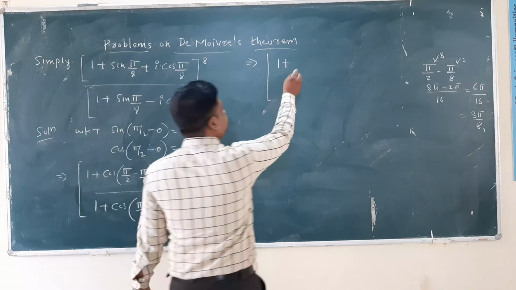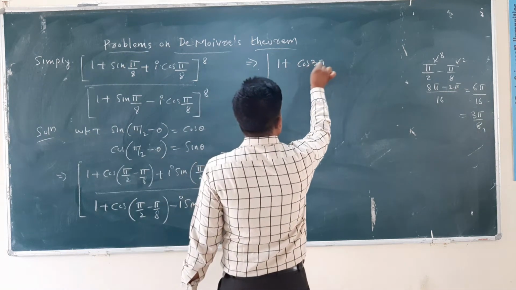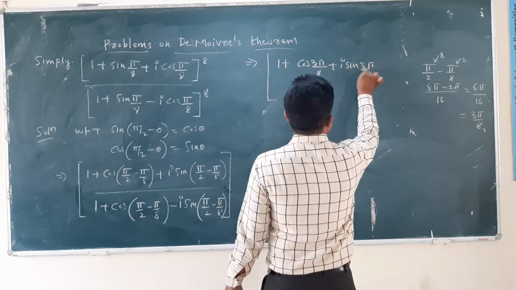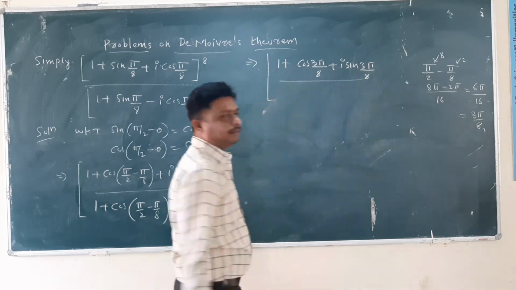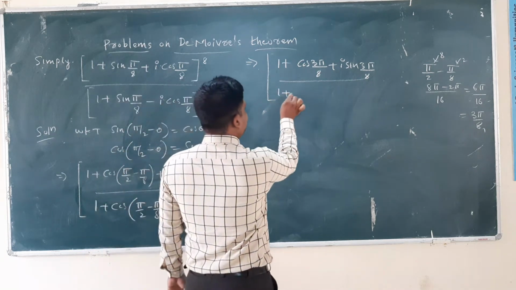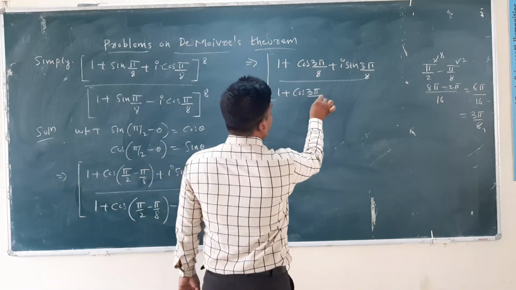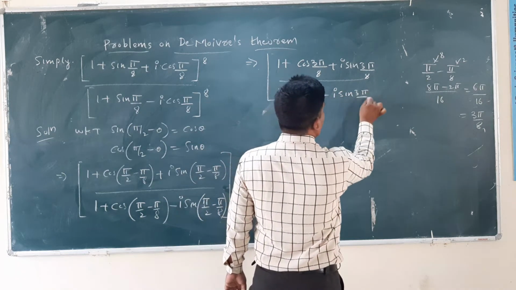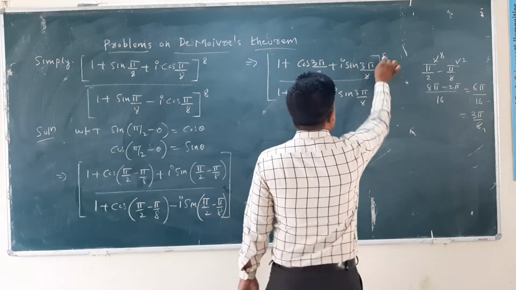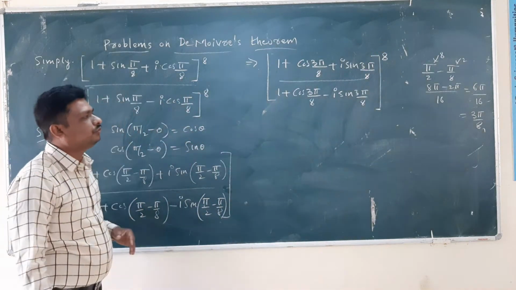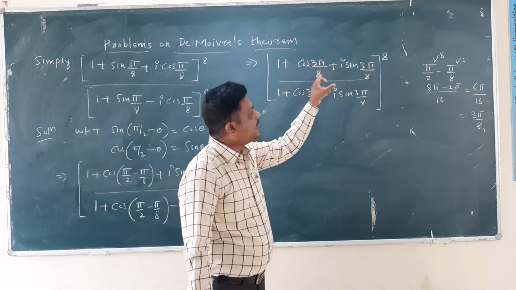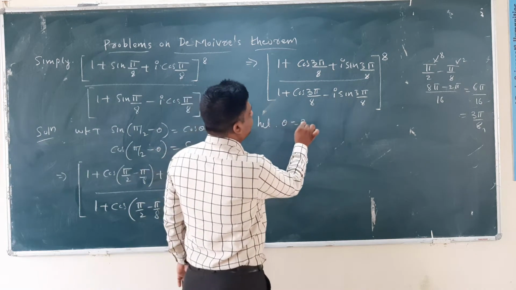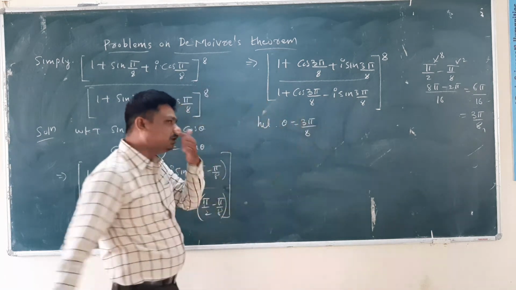So this becomes (1 + cos 3π/8 + i sin 3π/8) divided by (1 + cos 3π/8 − i sin 3π/8) to the power of 8. For my convenience I will take 3π/8 equal to θ. So let θ = 3π/8.